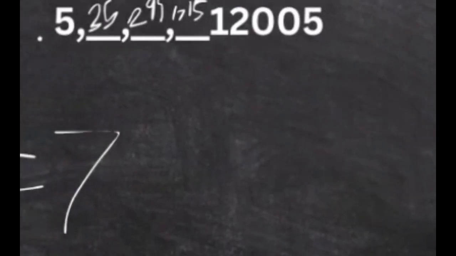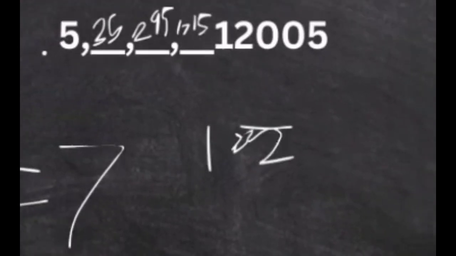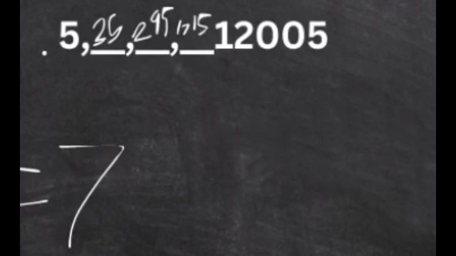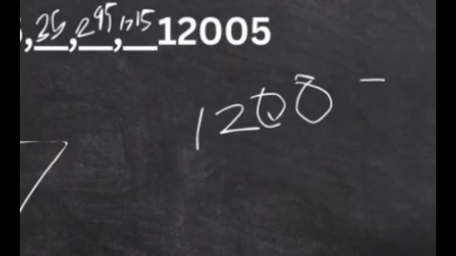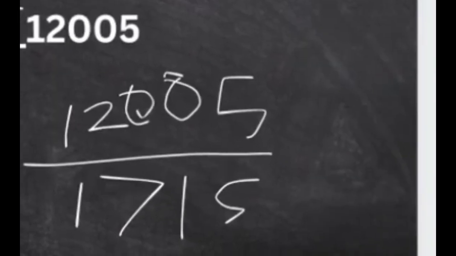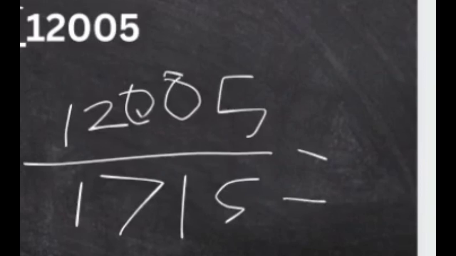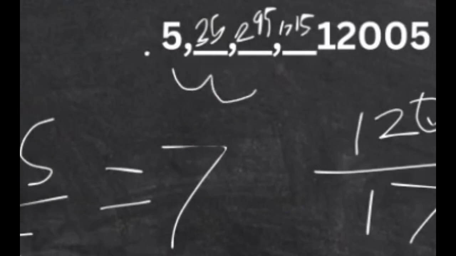So let's divide that. 12,005 divided by 1,715 is equal to 7. So 7 is the common ratio of all of them.